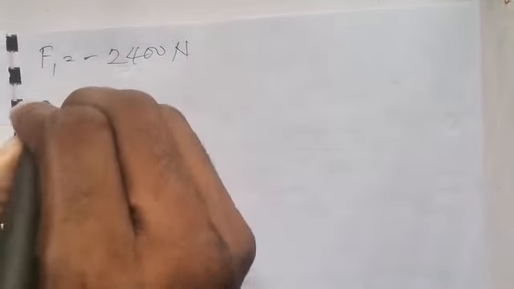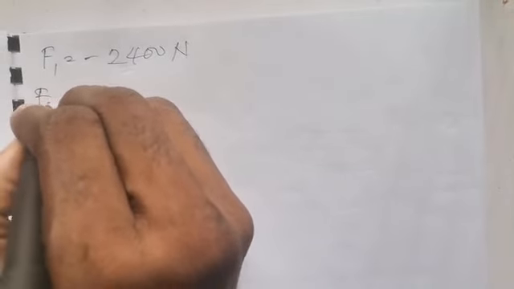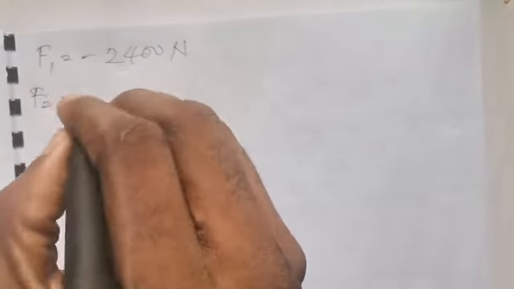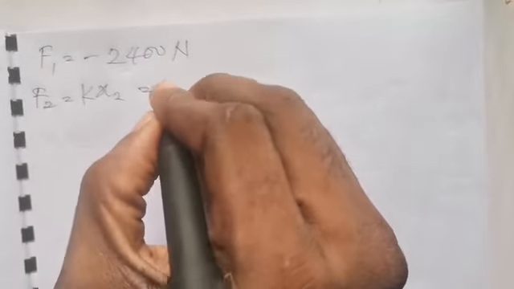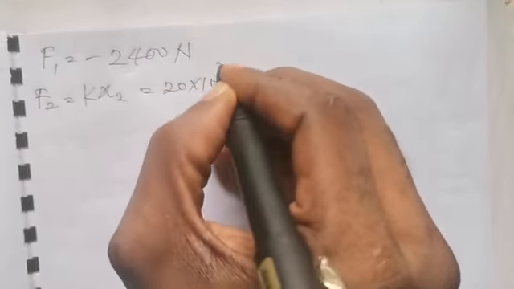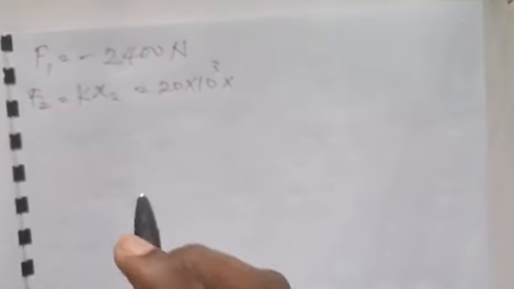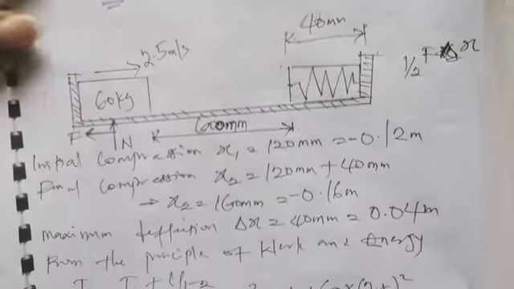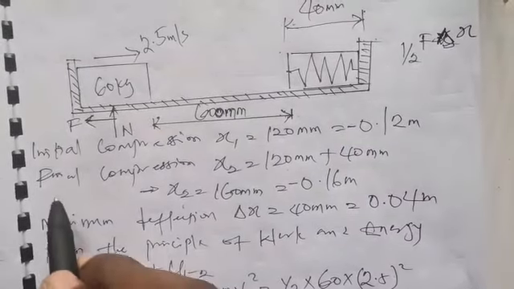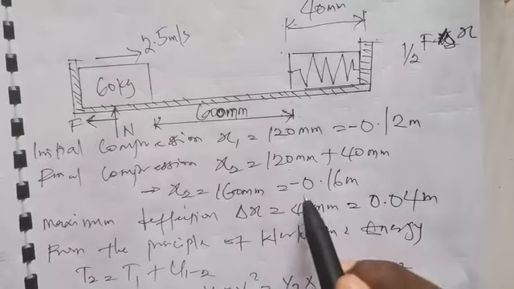Now, second spring force, F2 is going to be equal to still K times X2. Now, K remains 20 by 10 to the power of 3 multiplies X2, the final compression, and the final compression X2 was given to us as 0.16.